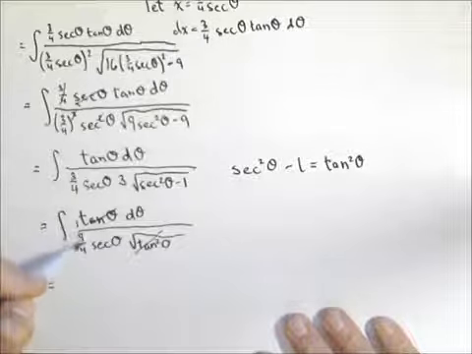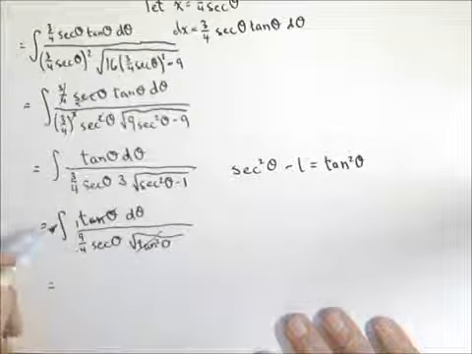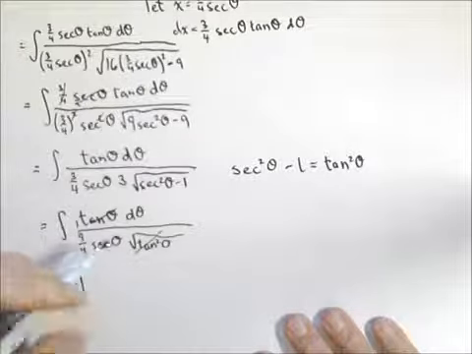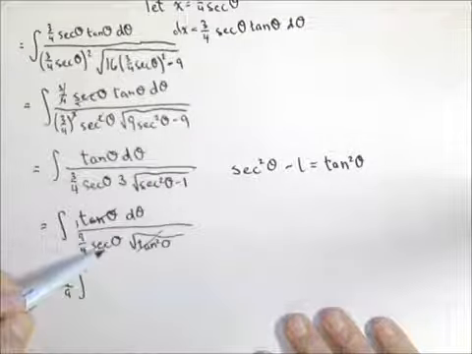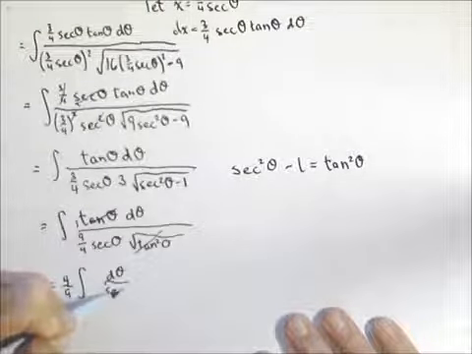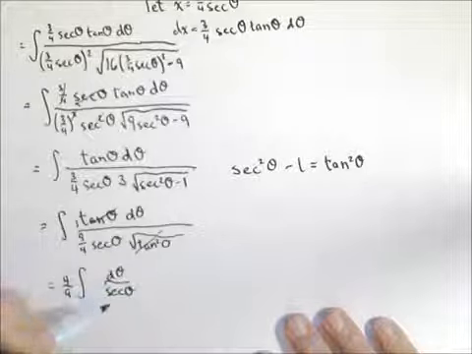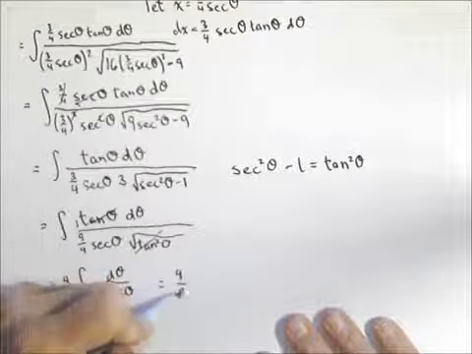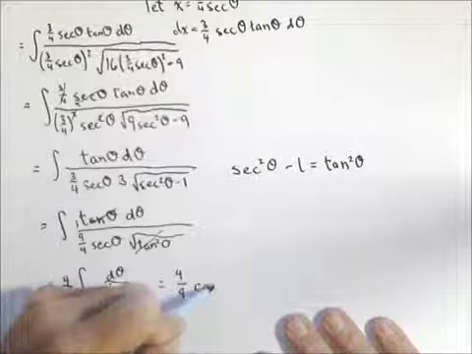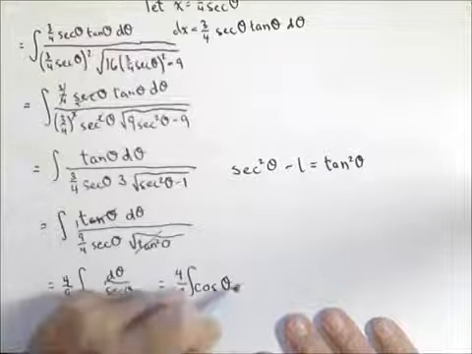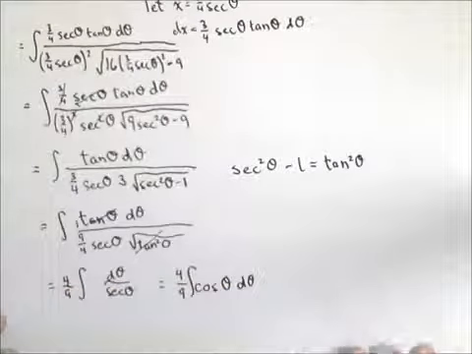Now notice this is 1 over 9/4. So when I pull it out, I'm going to take its reciprocal, and I have 4/9. All I have left is d theta over secant theta. Well, remember, 1 over secant theta is just cosine theta, so this is actually just 4/9 times the antiderivative of cosine of theta d theta.